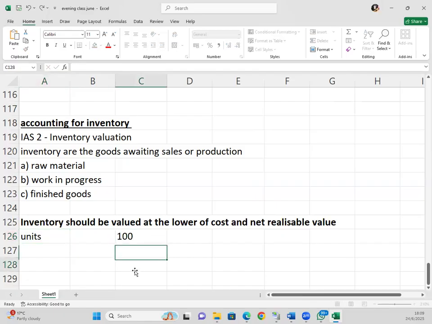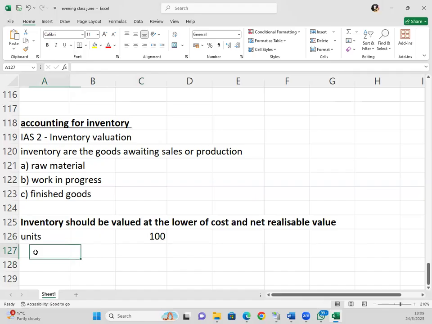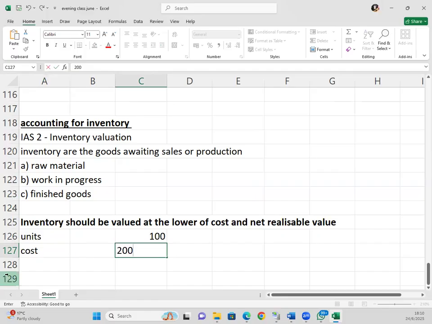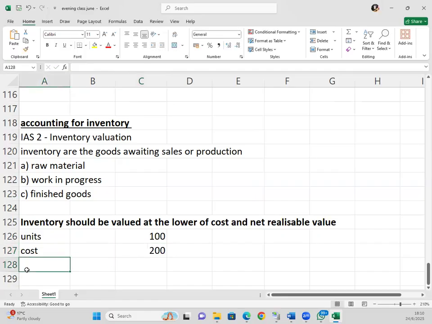What is the value of these 100 units? You compare two things. How much is the cost for these 100 units? Say the cost is 200.